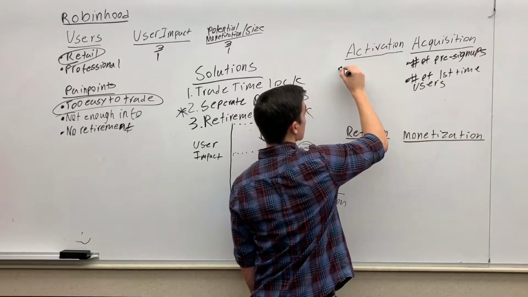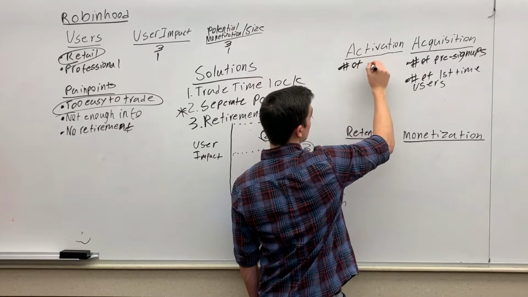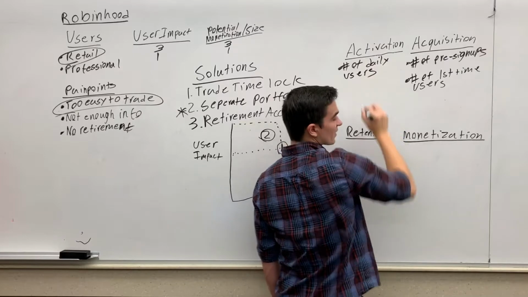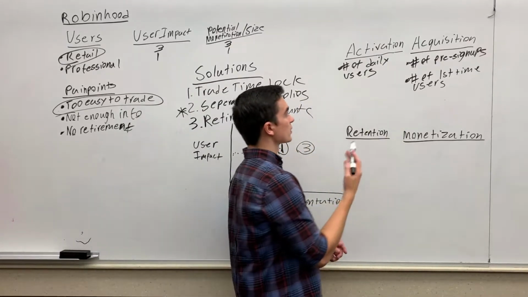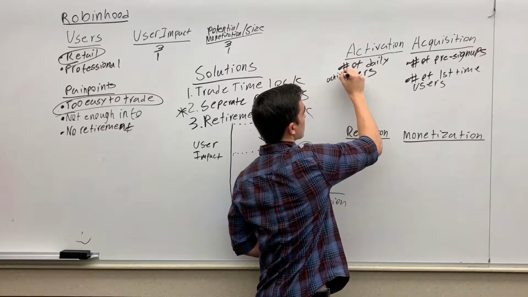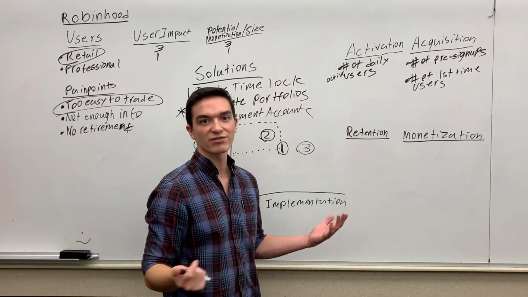For activation, I think it's going to be the number of daily active users. And daily doesn't have to actually mean every day. What it could mean is basically what we define as daily.